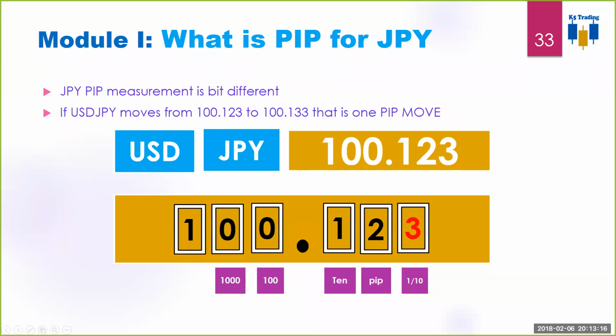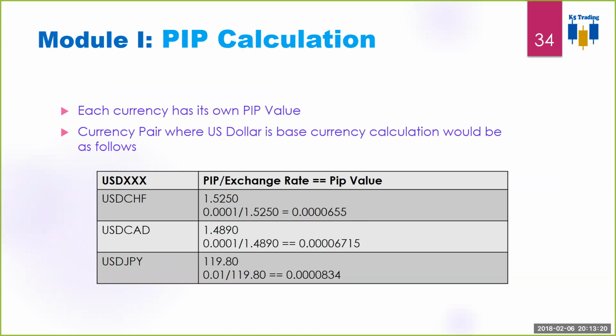Pip calculation. Each currency has its own pip calculation. The general formula for pip calculation is pip divided by the exchange rate. Let's say 1.5250 is the exchange rate for USD Swiss franc. What does it mean? It means $1 will buy 1.5250 Swiss franc.